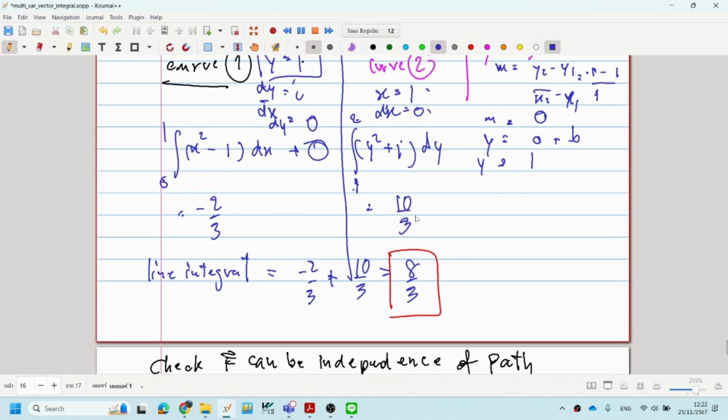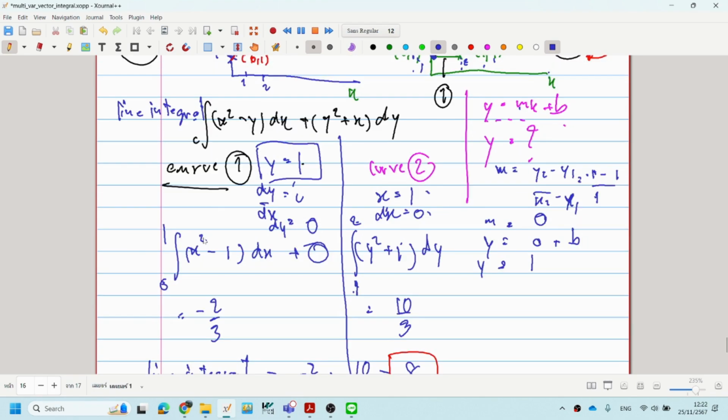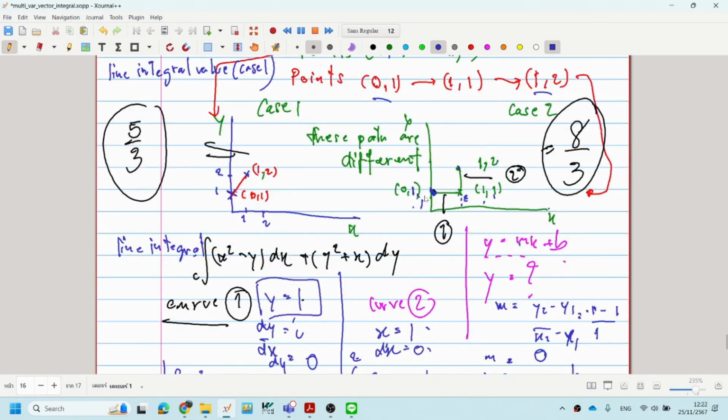You notice the limits: definite integral from 0 to 1, because going along x from point 1 to point 2, the first coordinate goes from 0 to 1, because this is x. Here x1, y1, and x2, y2.